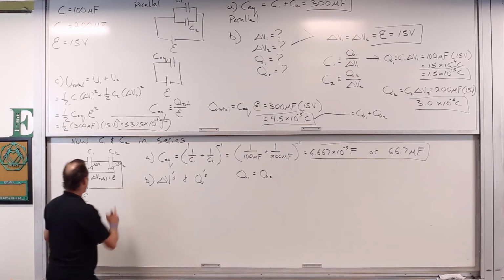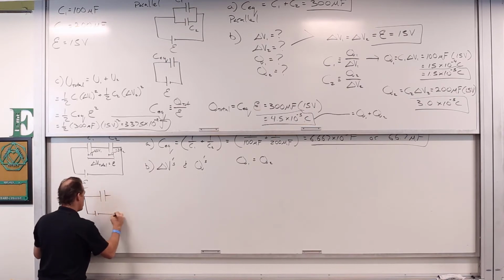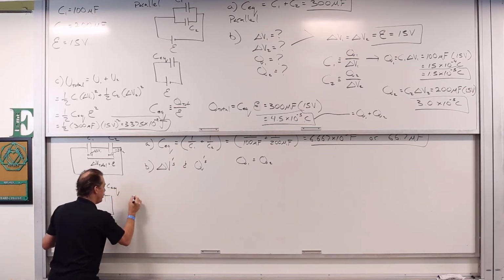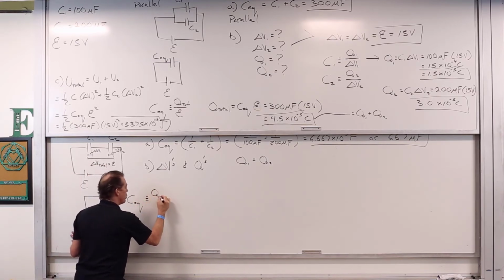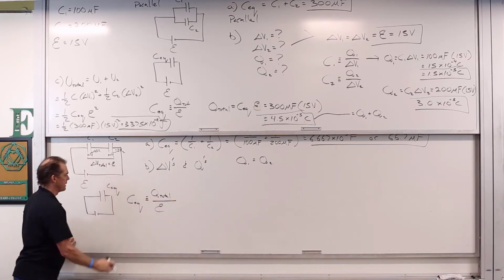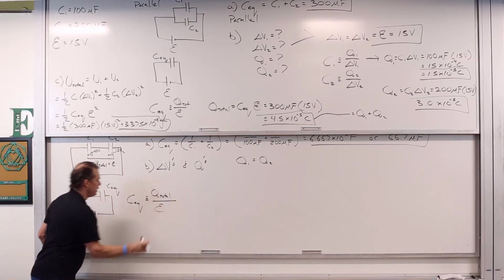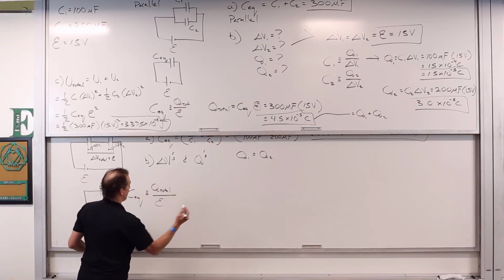We should note that if we take this system and go ahead and reduce it down to one singular capacitor, CEQ, again, we'd have that CEQ is defined by Q total divided by the source potential. There we go. So could we figure out what Q total is? And the answer is yeah, of course we could.